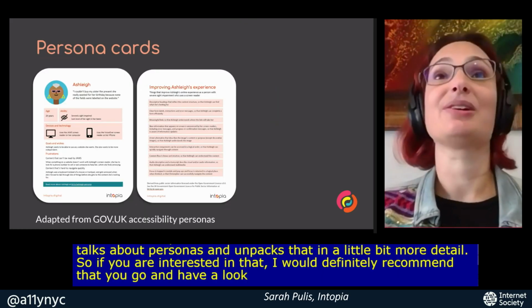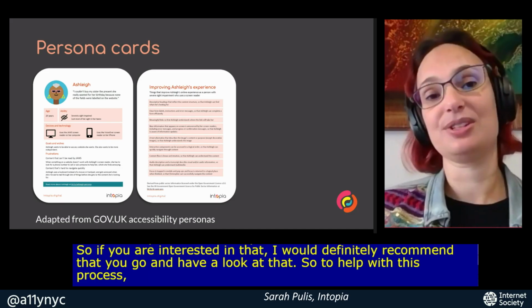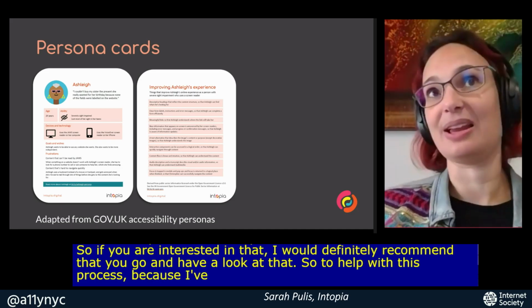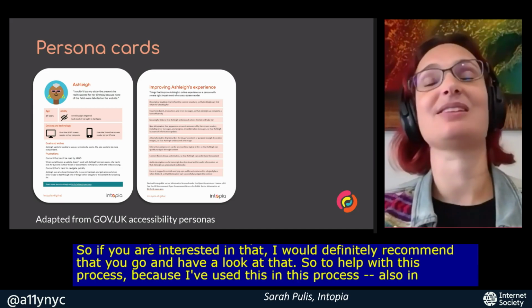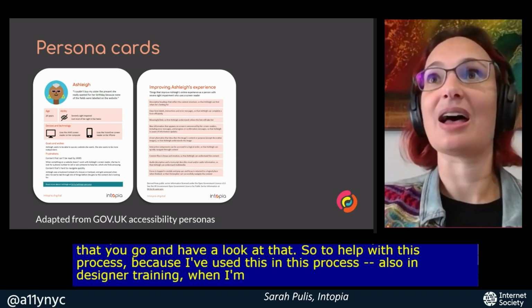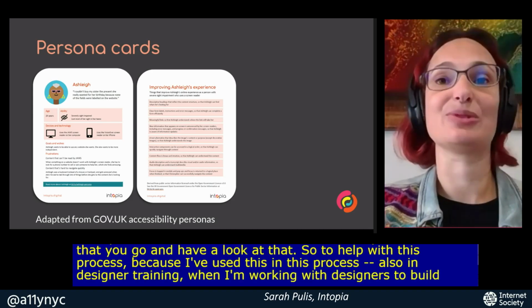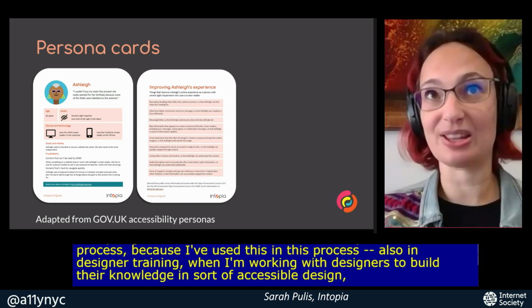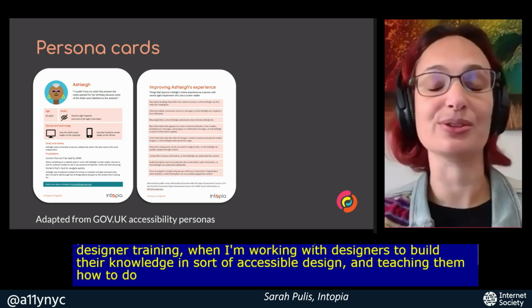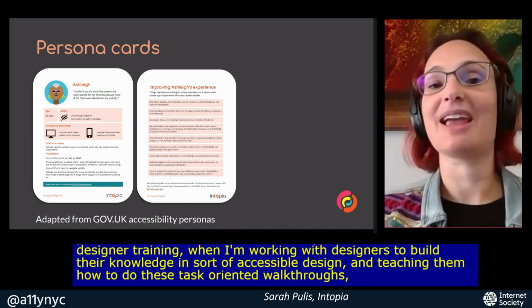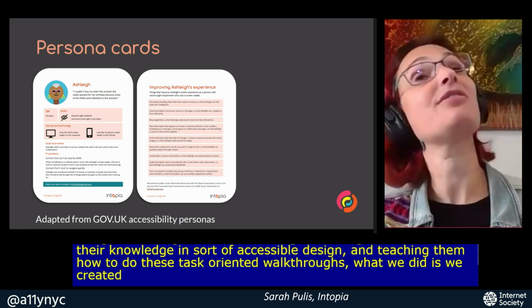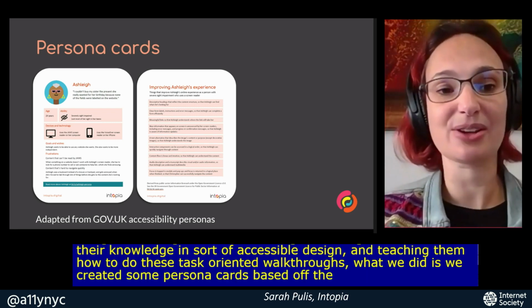So to help with this process, because I've used this also in designer training when I'm working with designers to build their knowledge in accessible design and teaching them how to do these task-oriented walkthroughs, what we did is we created some persona cards based off the gov.uk accessibility personas.